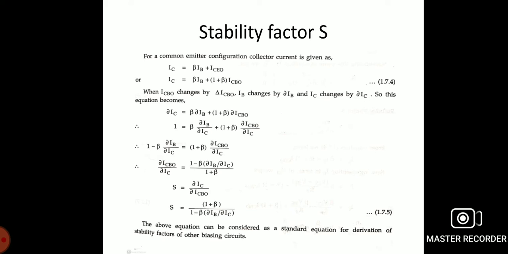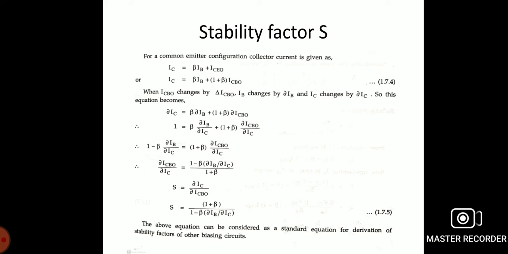That is, the output current is equivalent to the input current plus the leakage output current. Here the leakage output current is multiplied by 1 plus beta. So this is equation 1.7.4.